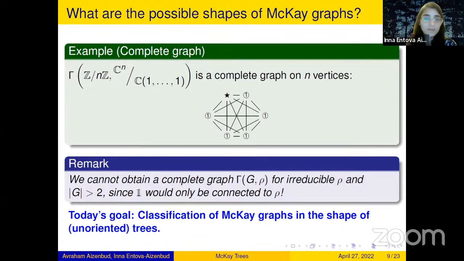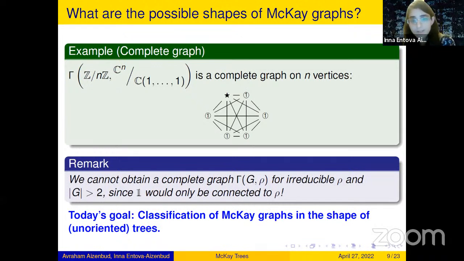And so one can say, well, okay, if we have McKay graphs for irreducible representations, we can always build McKay graphs for reducible representations, just by taking the graph for each of the irreducible summands of our representation, and then gluing them on top of one another.